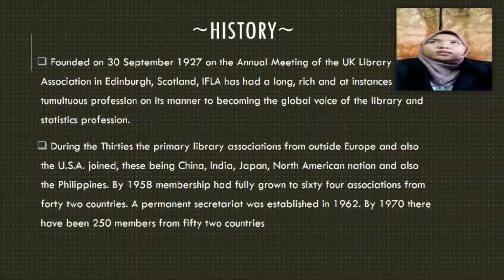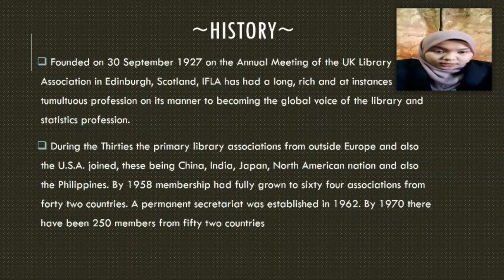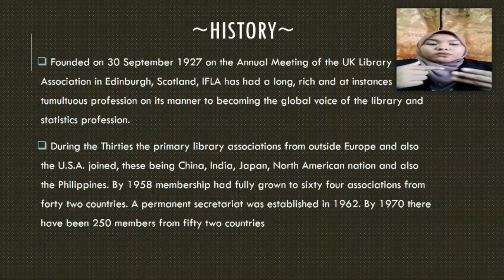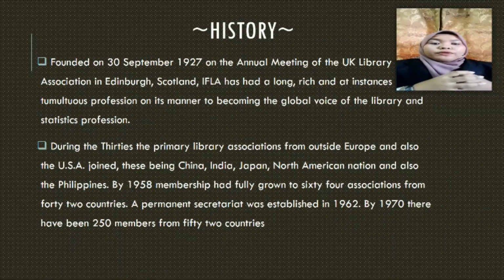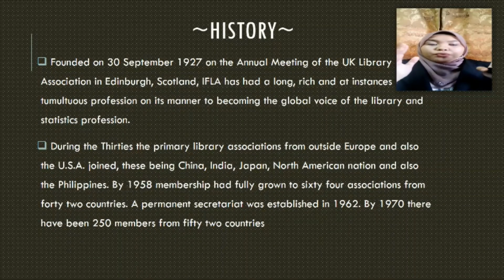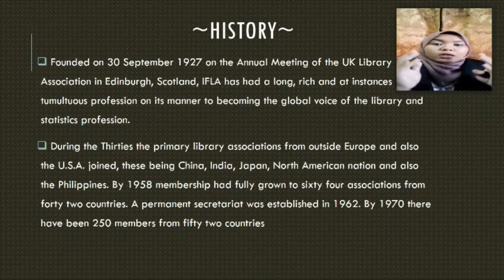During the 1930s, the first library associations from outside Europe and the USA joined, these being China, India, Japan, Mexico, and the Philippines. By 1958, membership had grown to 16 associations from 42 countries.